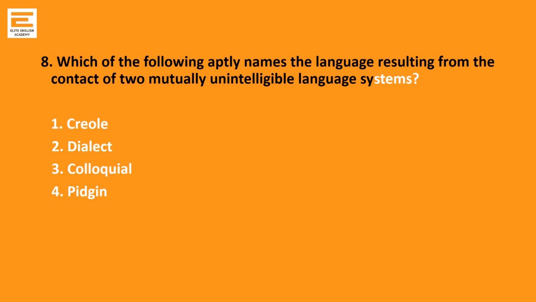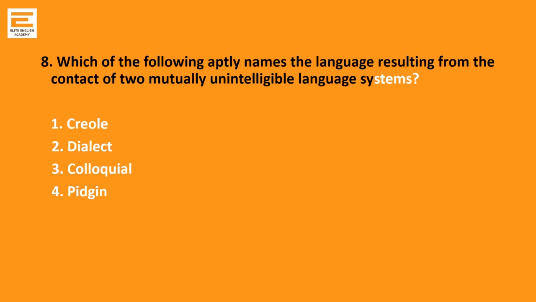That means Indians did not know English and the British did not know the native language. The British person spoke in English, the Indian person spoke in one of the Indian languages, but communication was there.